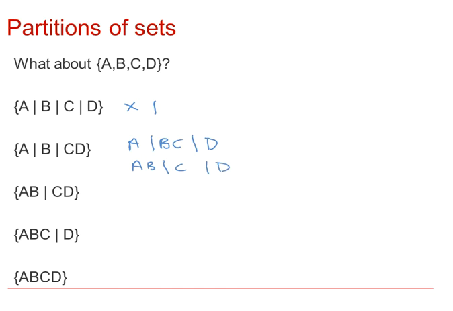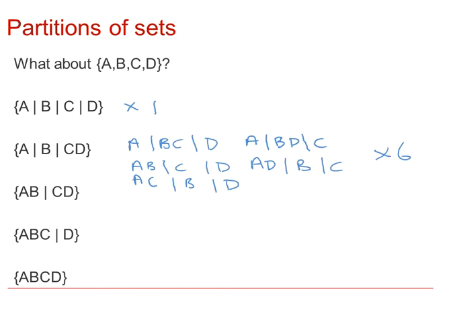But additionally, we could have B travelling with D, or A travelling with C. There are 6 of these options.